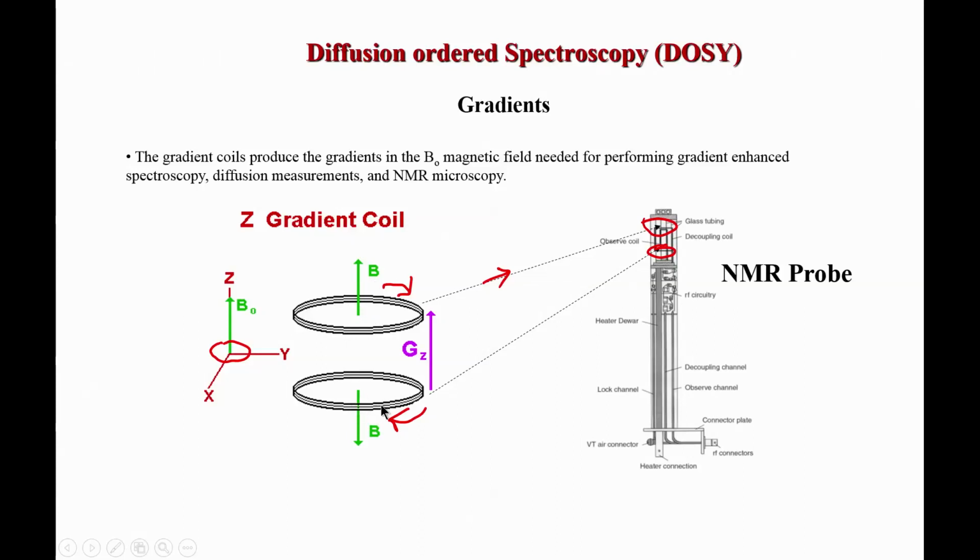Now, suppose I apply a current in the opposite direction in this coil down, then the magnetic field will be in the opposite direction. Okay. So, this is called the right hand rule. Okay. So, one has to keep that in mind, that when you supply a current, it basically generates a magnetic field like this, and if you apply an opposite current, it will basically go in the opposite direction.